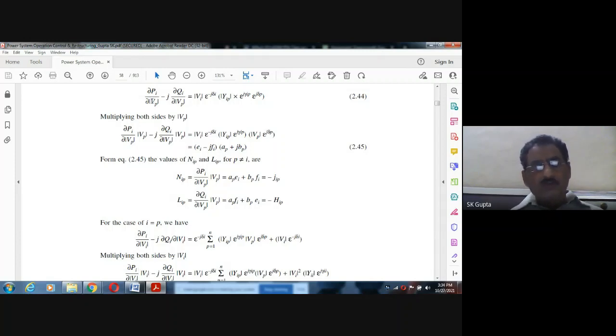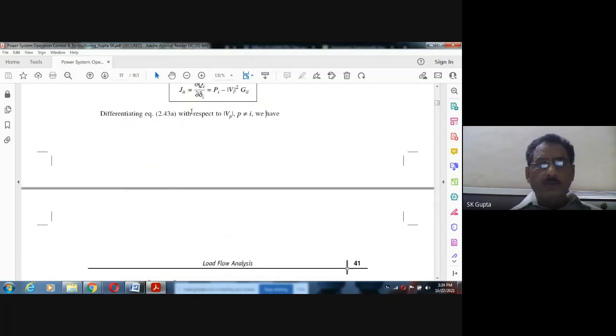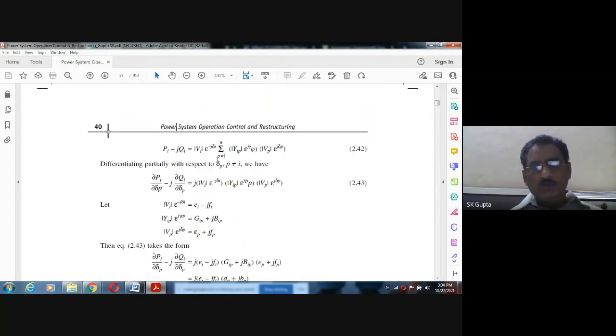When you differentiate with respect to voltage P, see what will happen if you differentiate with respect to Vp. This is constant here. When I is equal to only P, then this term will be there. Otherwise, all terms will be 0. So this will be removed. And here, when it is P, and if you differentiate with respect to Vp, this will be cancelled.